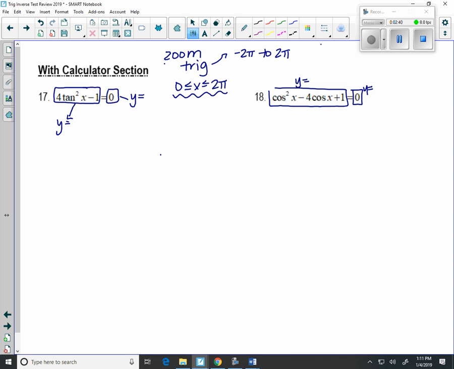Zoom Trig, really, what you're hitting is the zoom button and then the trig option to get from negative 2 pi to 2 pi. What you're going to do from there, if you have an Inspire, you're going to do the intersect function. If you have a TI-84, you're going to do calc and then intersection.